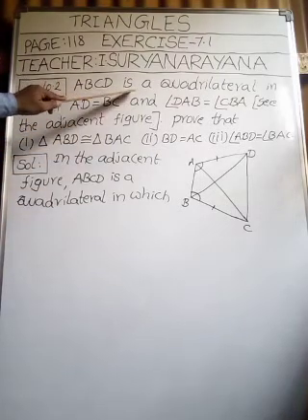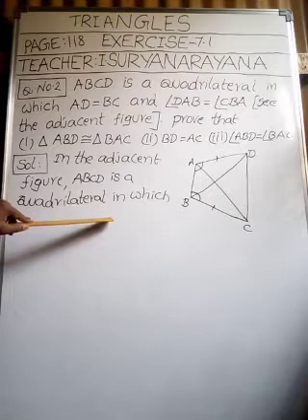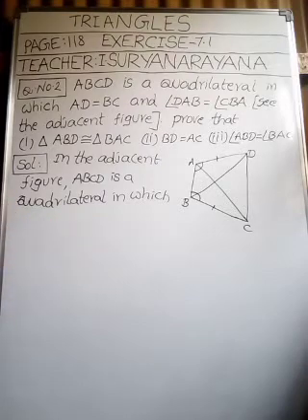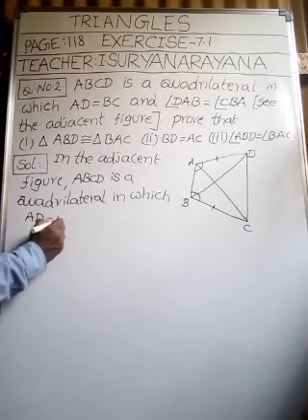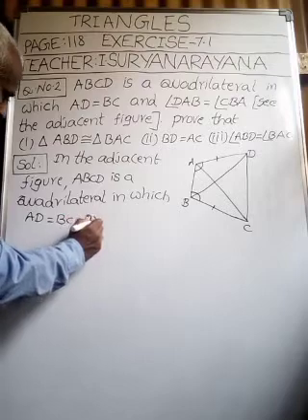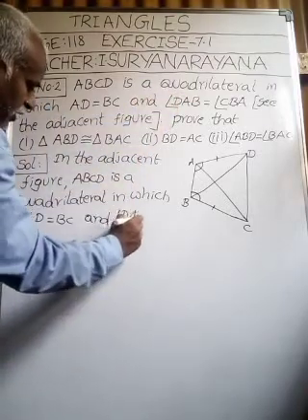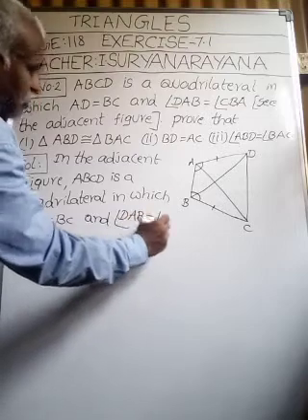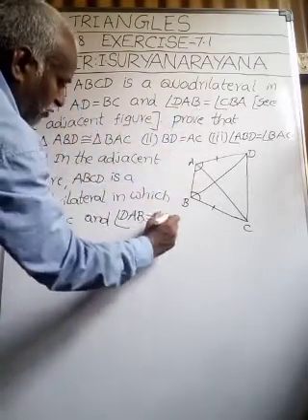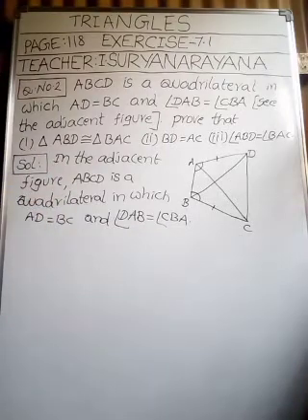What is the data given in the question? I am writing the same here. In which AD is equal to BC and angle DAB is equal to angle CBA. These are given to us.